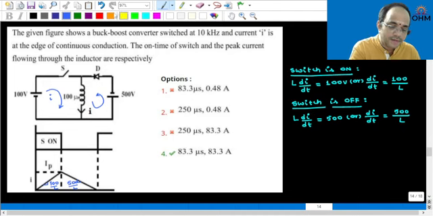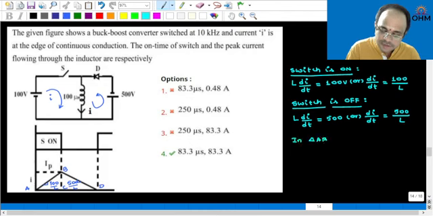Now on this diagram, just for ease of understanding, to reduce the difficulty, this diagram is also given. Suppose I take this triangle ABC and this is D. In triangle ABC, the slope can be defined as 100 by L is equal to BC divided by AC.